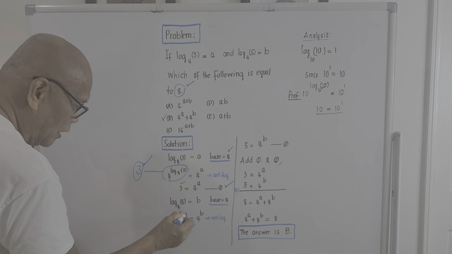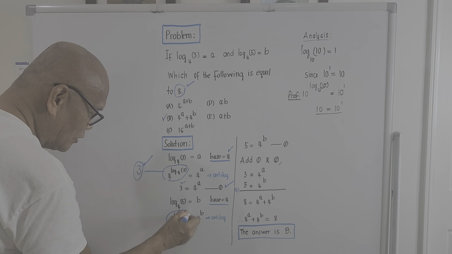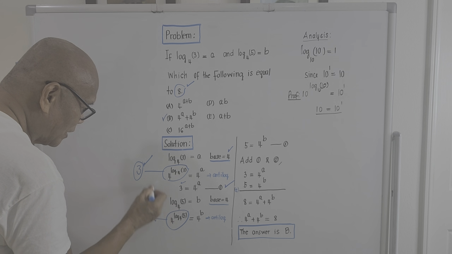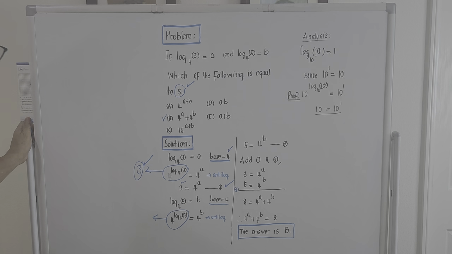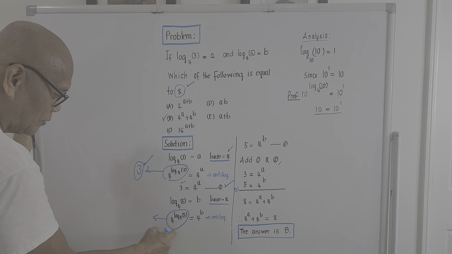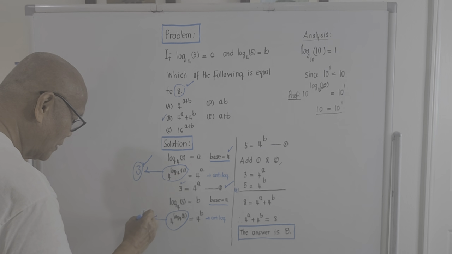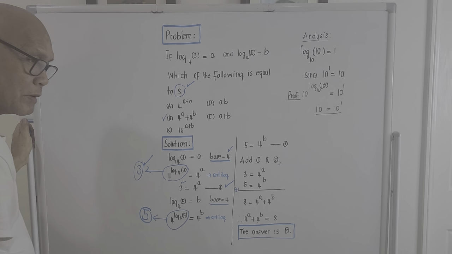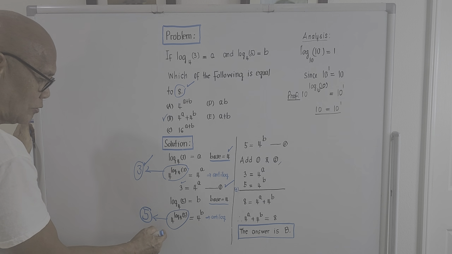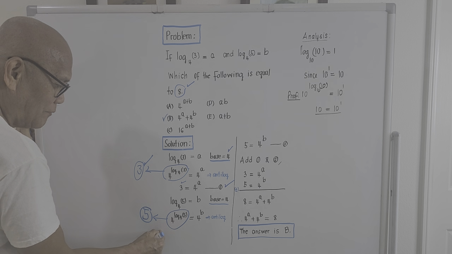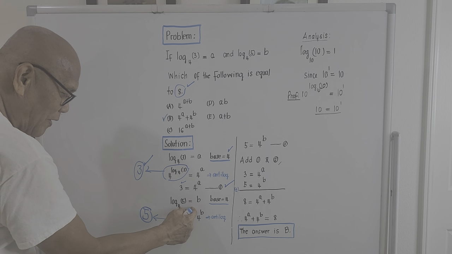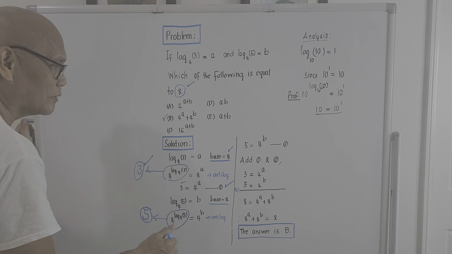Again, if you do not know the simplification of this, you cannot solve the problem, because the antilog of the logarithm of 5 will simply be 5. So this will now be 5.